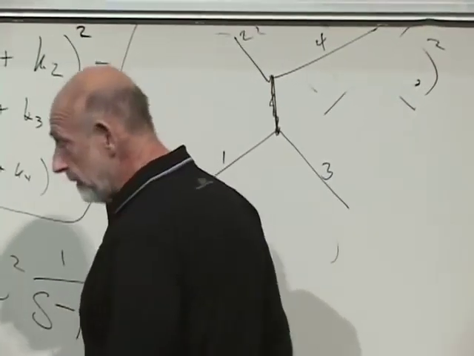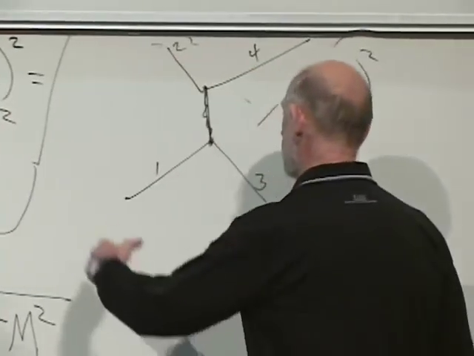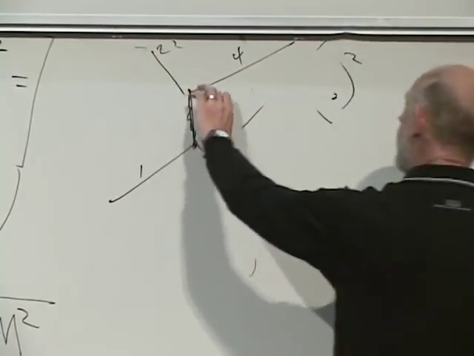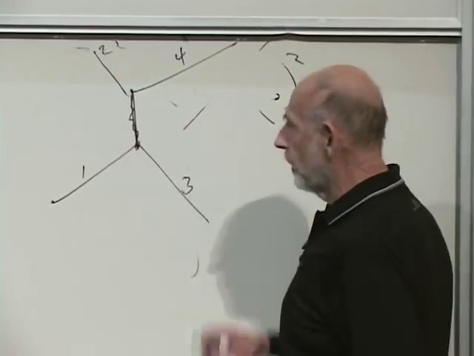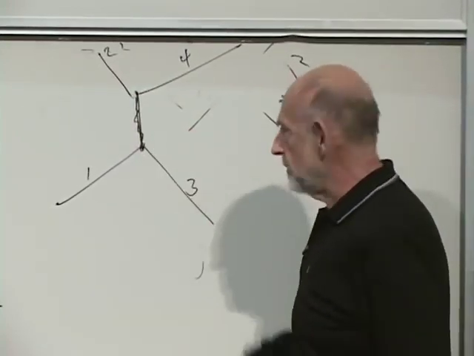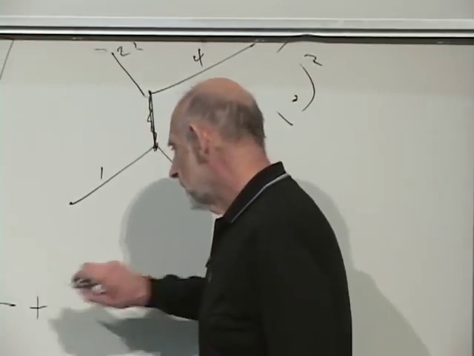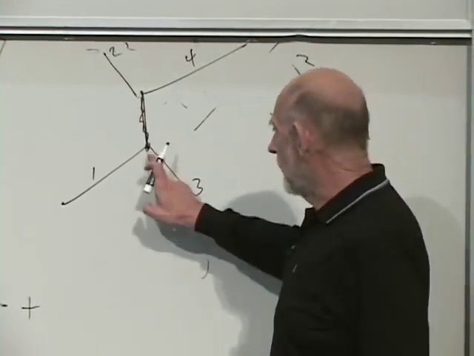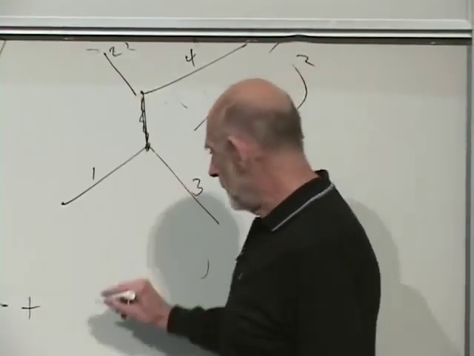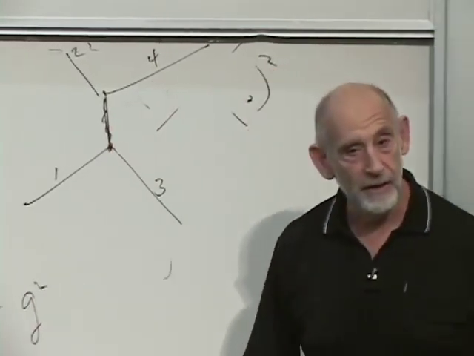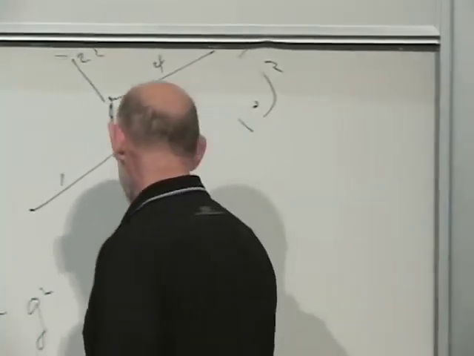But it represents a very different kind of physical process. 1 and 2 come in, exchange a particle between them, and then go out as 3 and 4. What would you guess the amplitude for this process is? It's going to have g squared again. The g's are the vertices. What else? Exactly. 1 over t minus m squared.